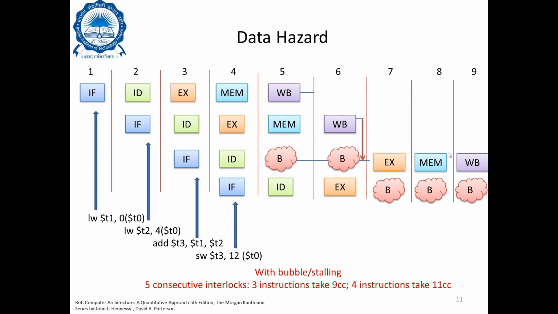This is the problem that we are talking about, and it is called a data hazard, because we are depending on the previous data for execution of the current pipeline stage. Since the previous data is not available, we could not do the pipelining here. Fine. So you could identify the problem here, and this is called a data hazard. This is one of the hazards that exists in MIPS pipelining.